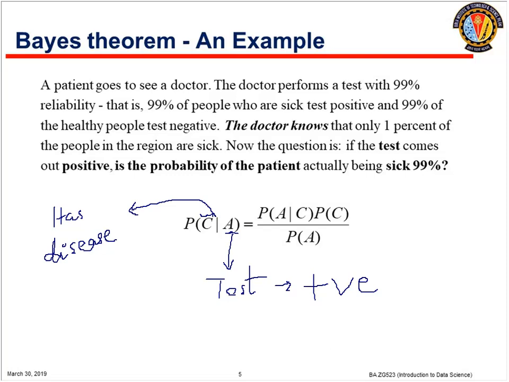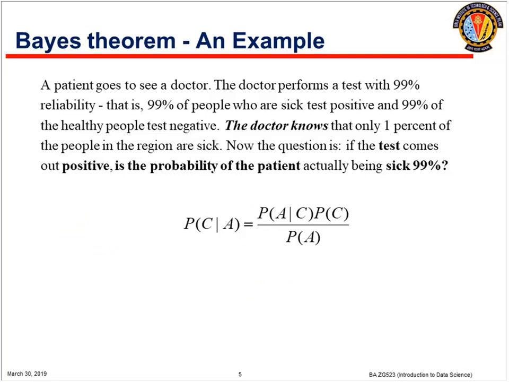According to the Bayes theorem, this conditional probability is given as P(A given C) multiplied by P(C), and the whole divided by P(A). Now the condition is reversed.